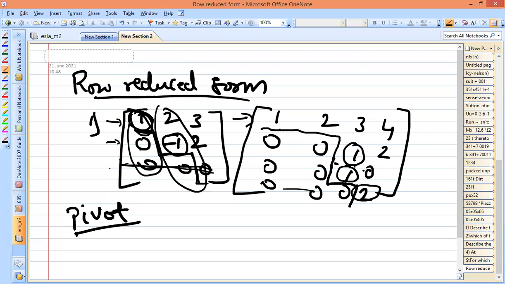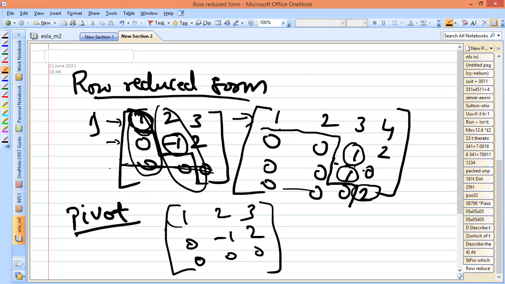You also need to remember that below each pivot, you are going to find a column of zeros. As I told, I'll rewrite once again: 1, 2, 3, 0, -1, 2, 0, 0, 0. The first non-zero entry in the first row is 1. This is the pivot in the first row. Below this pivot, you should find a column of zeros, and here we have a column of zeros.